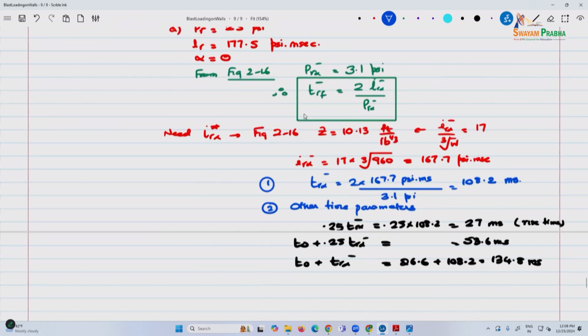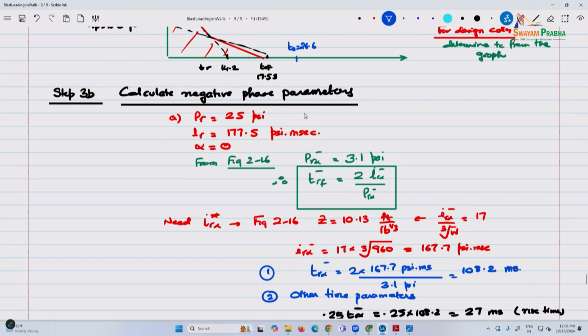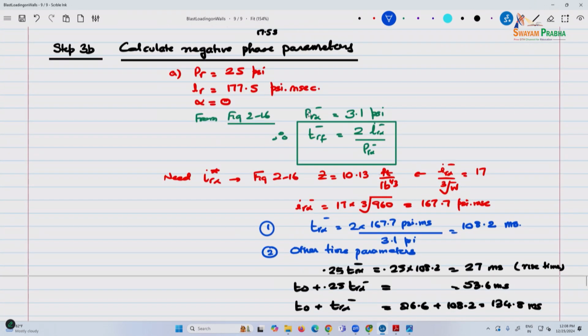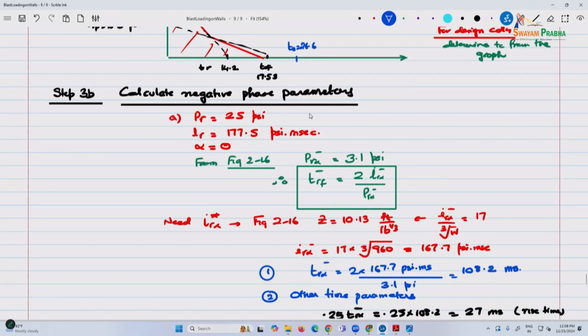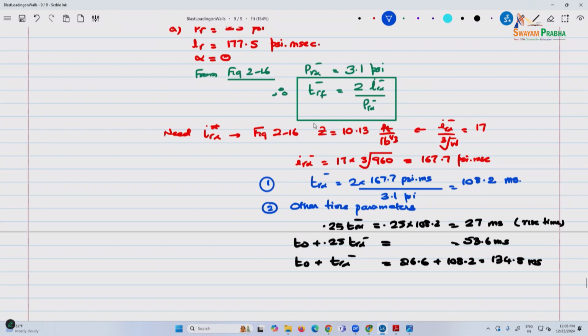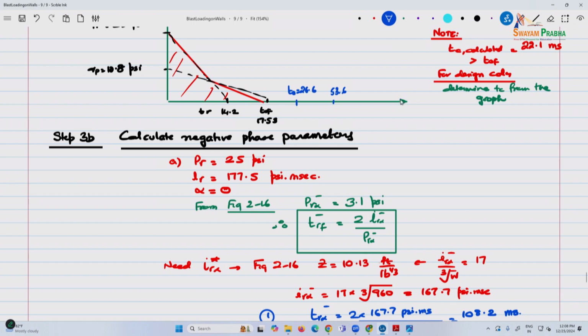And then it goes to 53.6, and 134, let's assume it's a broken scale, 134.8, and peak is 3.1.